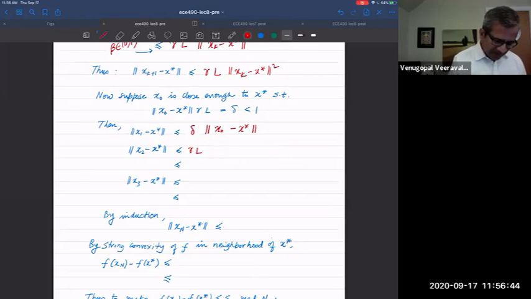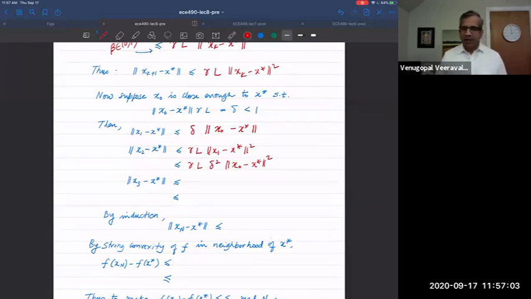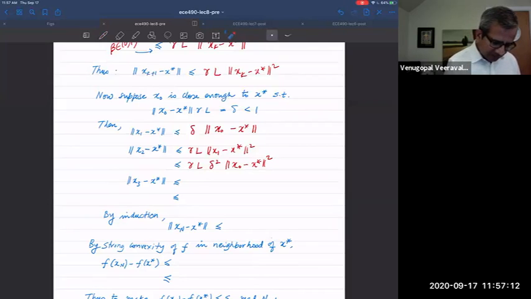So x2 minus x star is less than or equal to gamma times L times delta squared times x0 minus x star squared. But I take one of these x0 minus x star factors and multiply it by gamma L, and I know that that's equal to delta. So this is equal to delta cubed times x0 minus x star.